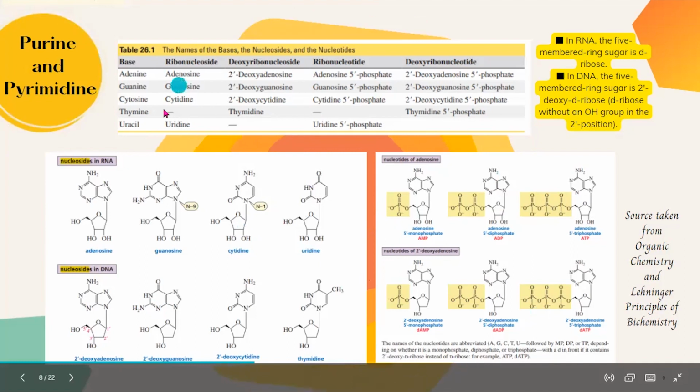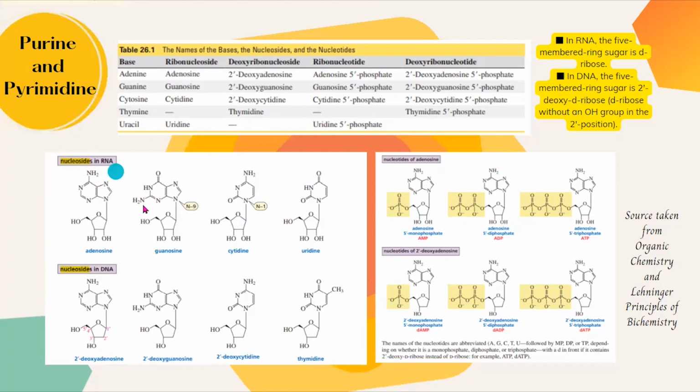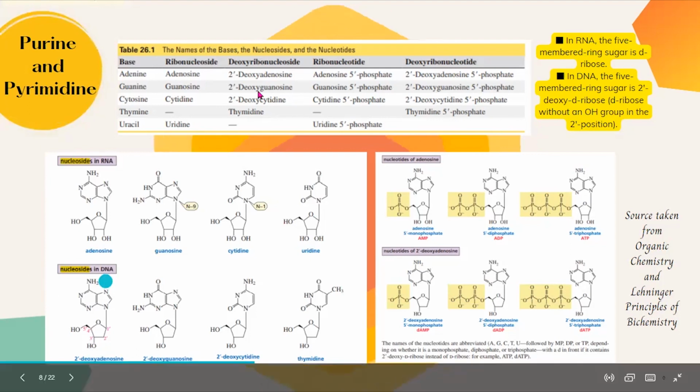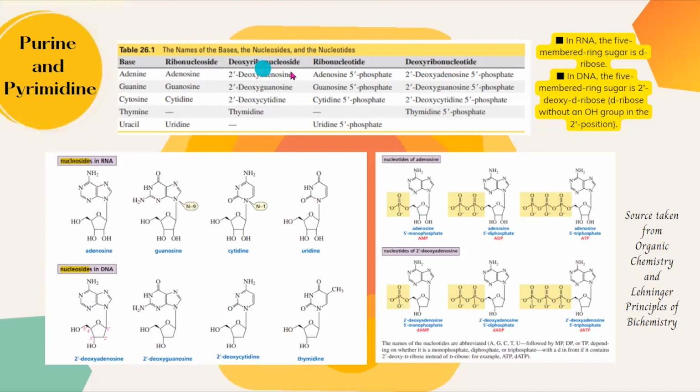The nucleosides of RNA are precisely known as ribonucleosides, whereas the nucleosides of DNA are known as deoxyribonucleosides. Referring to the table here, ribonucleoside is RNA and deoxyribonucleoside refers to DNA. How to remember: R belongs to RNA and D belongs to DNA.